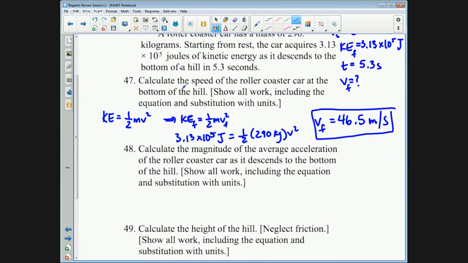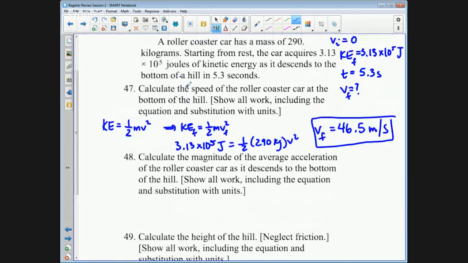For number 48, it says calculate the magnitude of the average acceleration of the roller coaster as it descends to the bottom of the hill. Show all work. So acceleration equals V final minus V initial over time. V final is 46.5 meters per second.